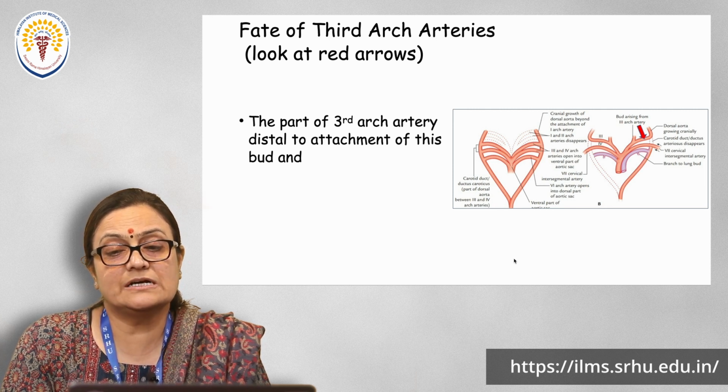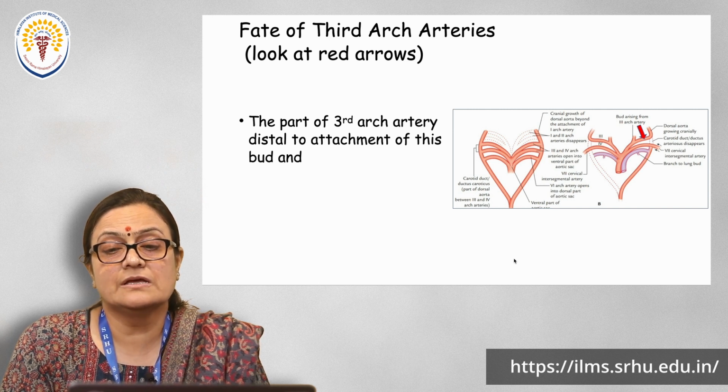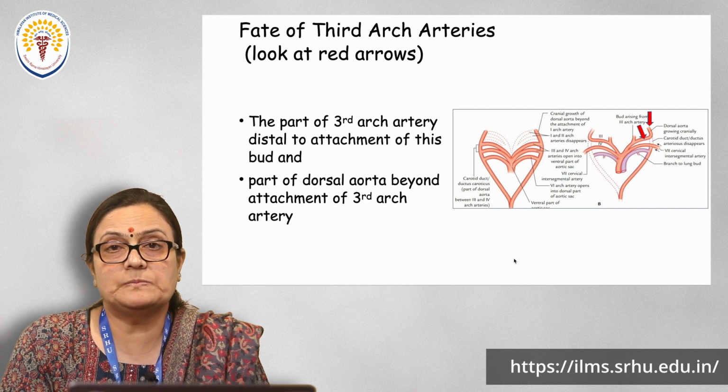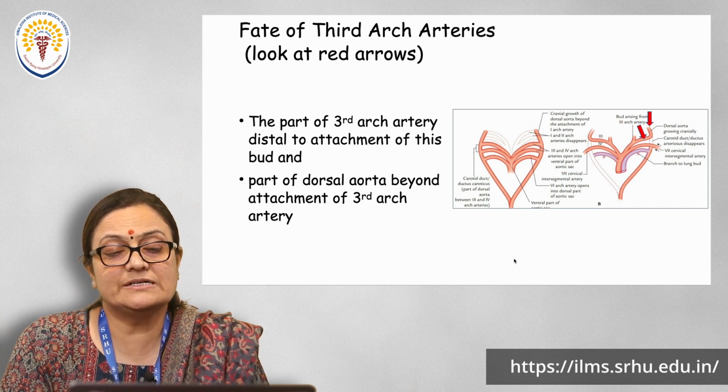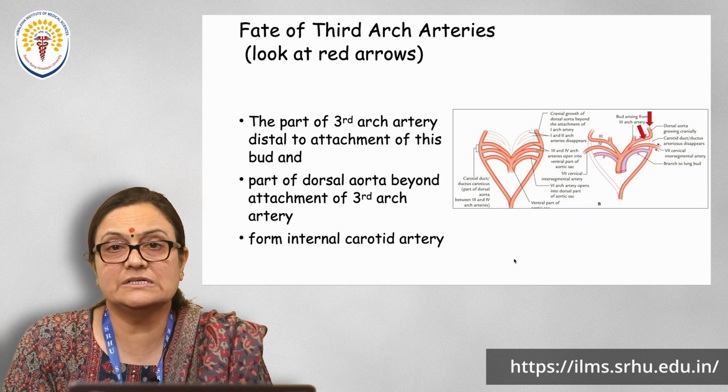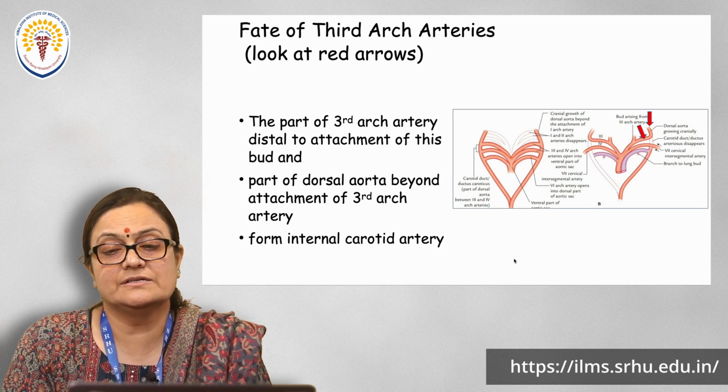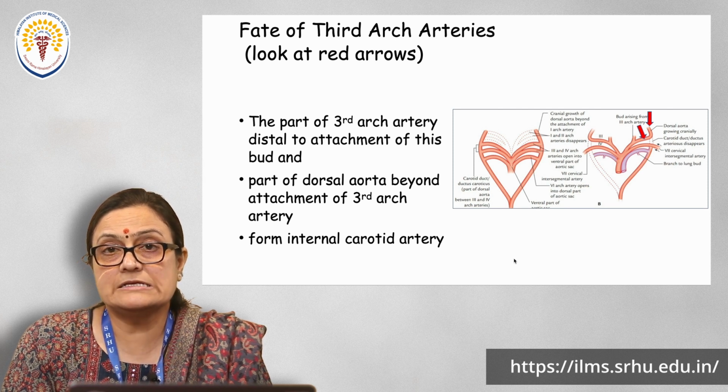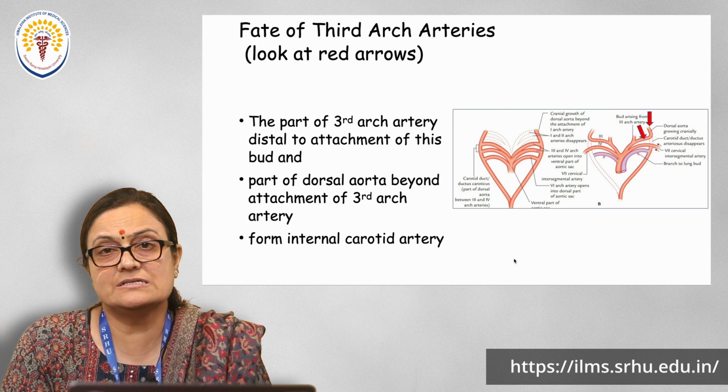As we know, the bud itself will form the external carotid, the part of the third arch artery proximal to the bud will form the common carotid, and the part of the third arch artery distal to this attachment along with the part of dorsal aorta beyond the attachment of third arch will form the internal carotid artery. So, I hope we have understood that this third arch artery is largely forming the carotid system of arteries.